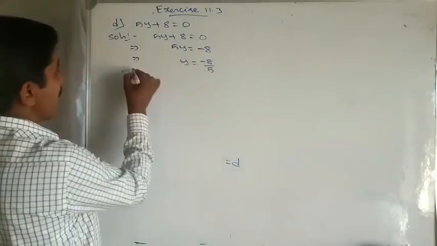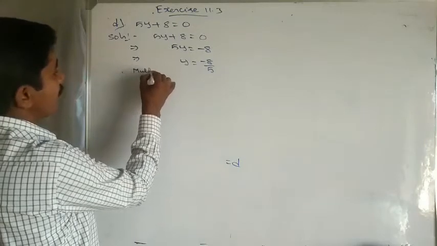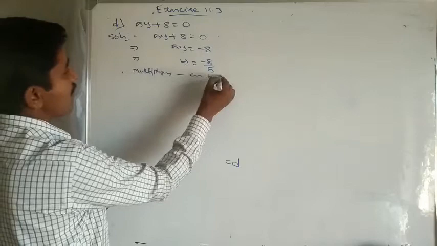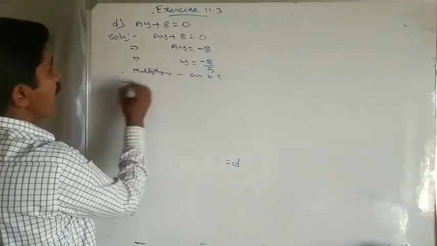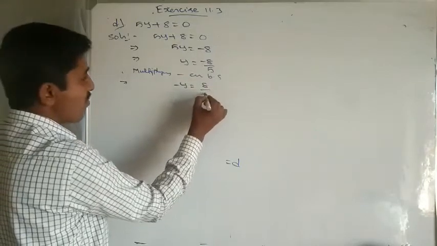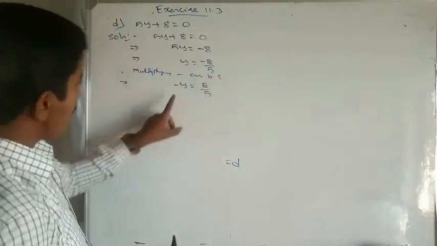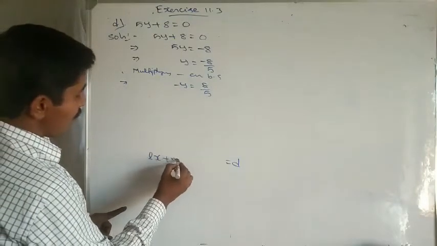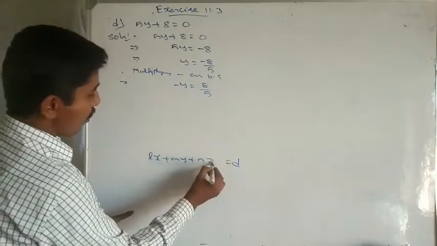Multiplying minus on both sides. Plus into minus, minus y is equal to minus into minus plus 8 by 5. So here we have only the y term, but in the standard equation lx plus my plus nz is equal to d.